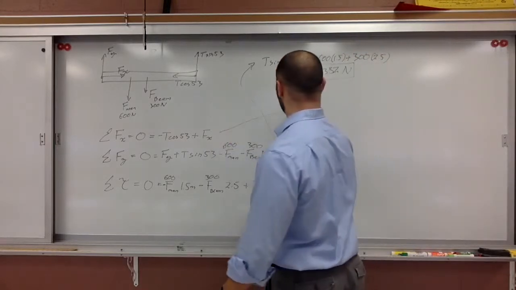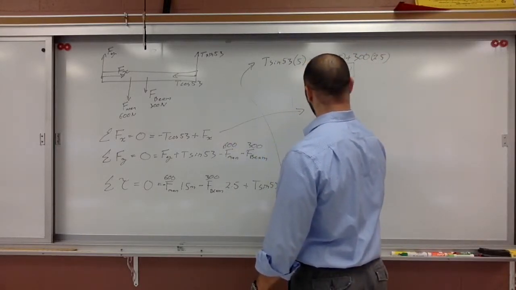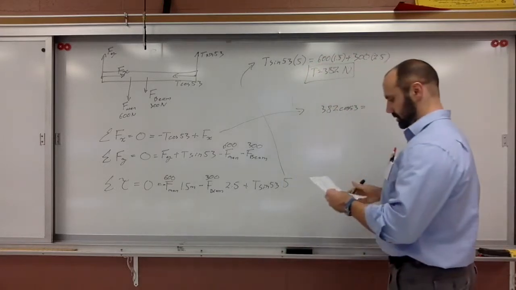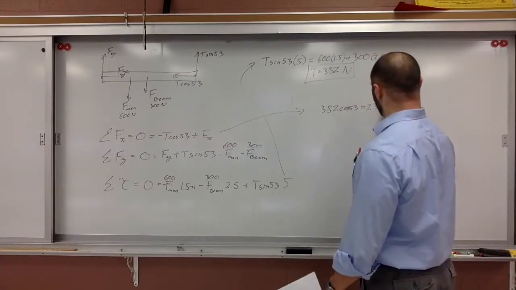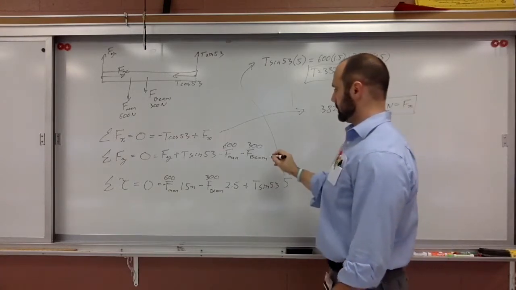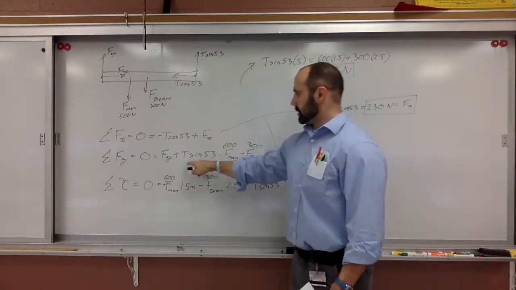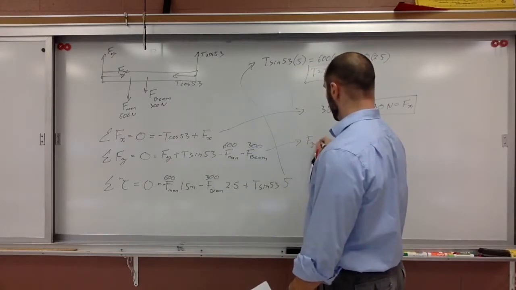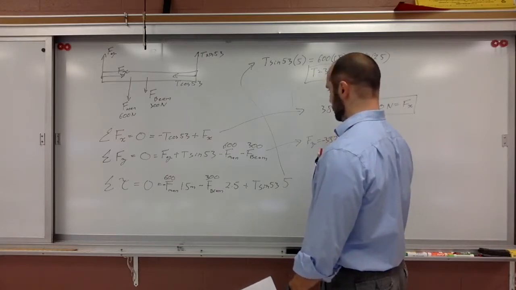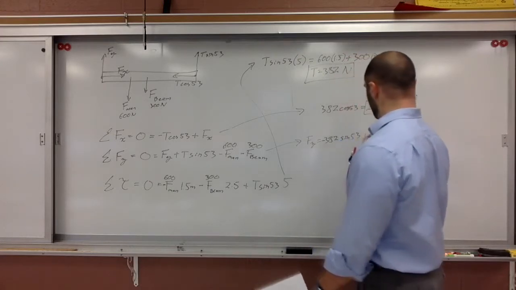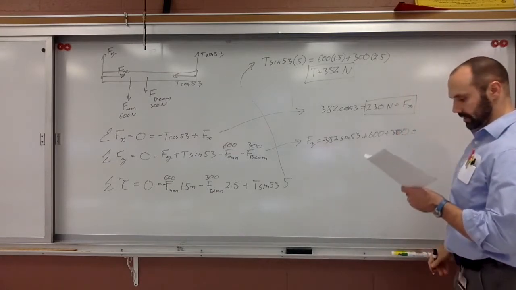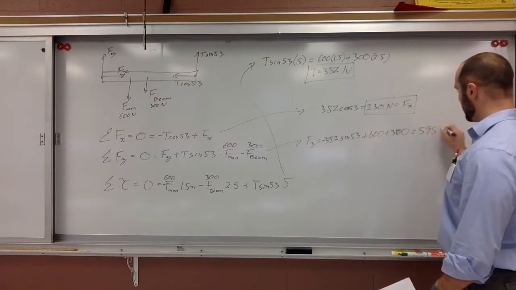So when I do that, this is 382 cosine 53 equals 230 Newtons. So that's Fx. And then solving for Fy, I get that Fy is negative 382 sine of 53 plus 600 plus 300. And for that we get about 595.